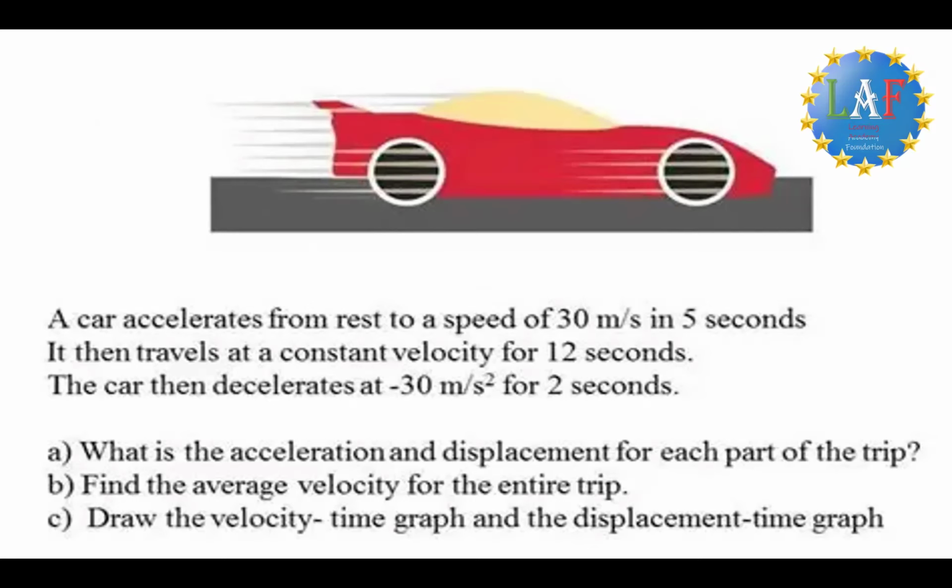The car then decelerates at negative 30 meters per square second for 2 seconds. I want you to answer these 3 questions in the comments. What is the acceleration and displacement for each part of the trip? Find the average velocity for the entire trip, and draw the velocity-time graph and the displacement-time graph. Once again, write your answers in the comments. I will put a heart on the correct ones.